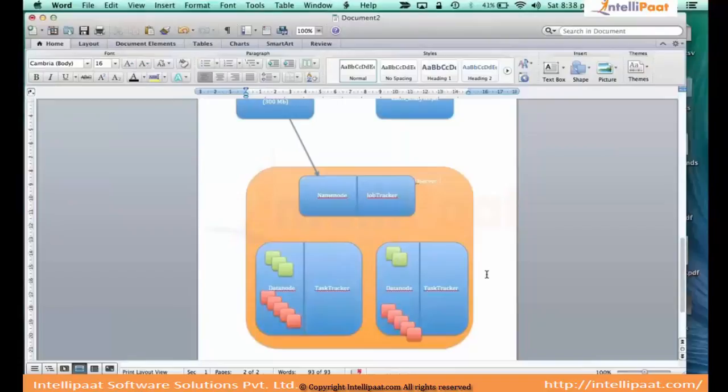So guys, if you see, now your data is moved. These 5 are your original blocks, and these are what you call replicated blocks.